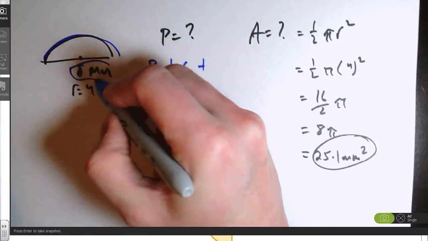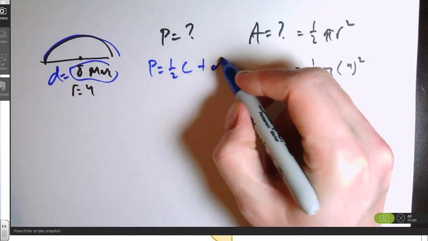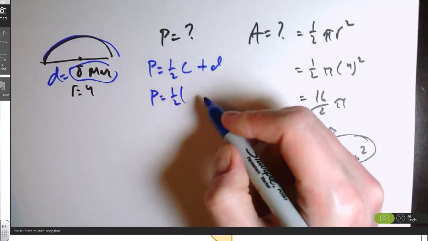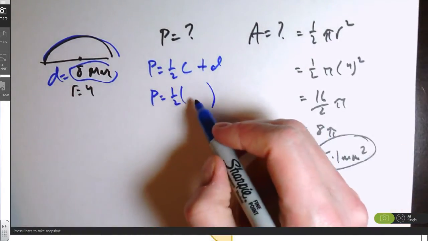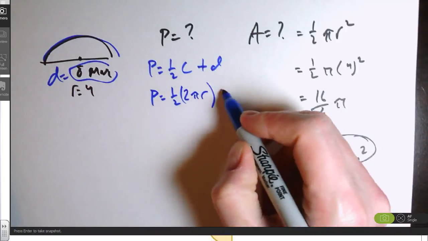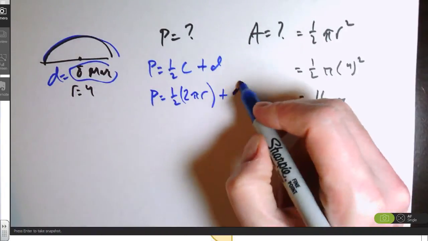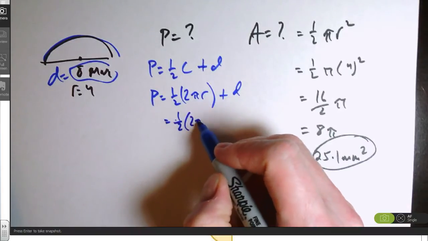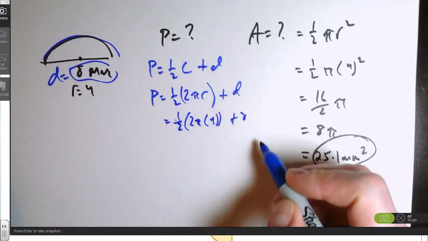Now, perimeter is a little tougher because you've got half the circumference, but you've also got your diameter. So 1/2 the circumference is 1/2 of 2 pi r, and your diameter is just your diameter. So we have 1/2 of 2 pi times 4 plus 8.